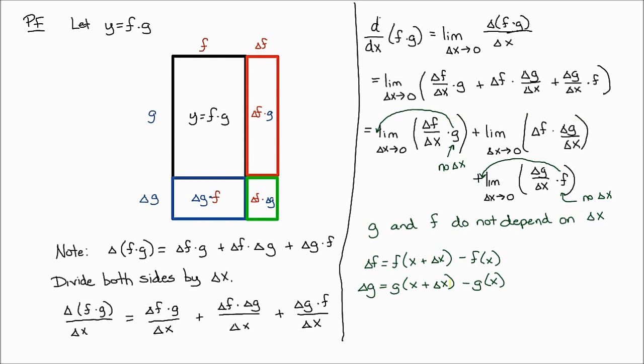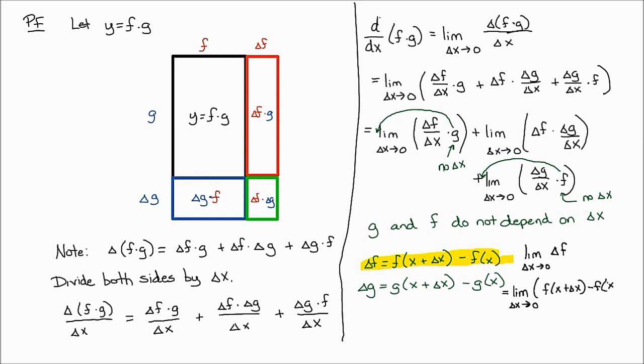Here we are. And as delta x approaches 0, delta f turns into f of x minus f of x. Let me write that down so you can see that. The limit as delta x approaches 0 of delta f is going to be the limit as delta x approaches 0 of f of x plus delta x minus f of x.